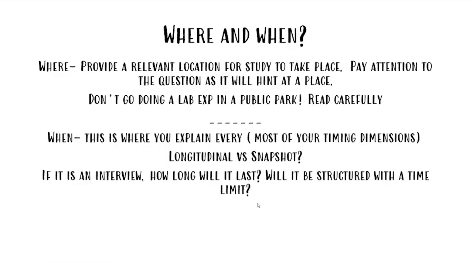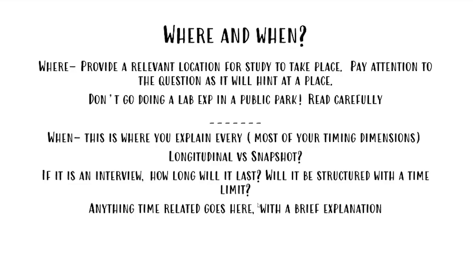Any sort of timing related decision that you make for your suggestion needs to be included here. So anything time related goes here with a brief explanation. So again, don't just say, look, my study will be longitudinal, without saying what a longitudinal study is and how you will be doing that.